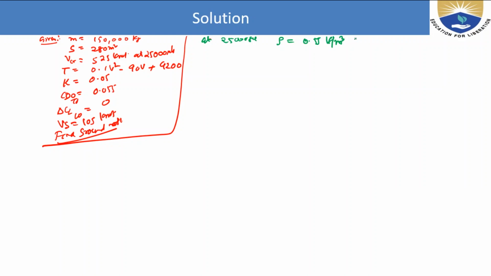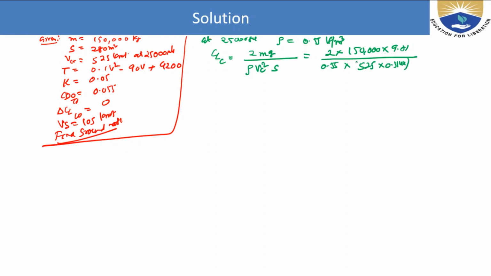So now CLC is equal to 2 mg divided by rho VC square into S: 2 into 150,000 into 9.81, divided by rho equal to 0.55, VC is equal to 525 into 0.5144, to convert knots to meter per second we multiply by 0.5144, and area is equal to 280. So CLC is 0.262.